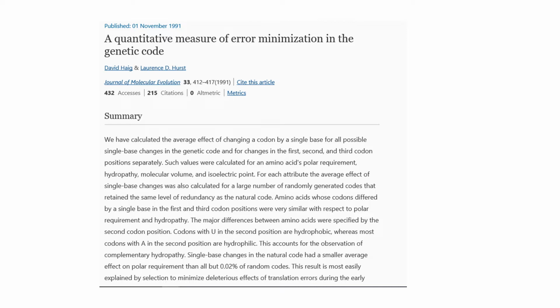And the question becomes, if I want to look at the structure of proteins with polar amino acids that have charge and amino acids that are not charged, and things that would affect the ultimate structure of proteins if a mistake happened, the first analysis suggested that the standard genetic code was extremely efficient, better than 0.02% of randomly generated codes, but this was looking just at point mutations, single base pair changes.